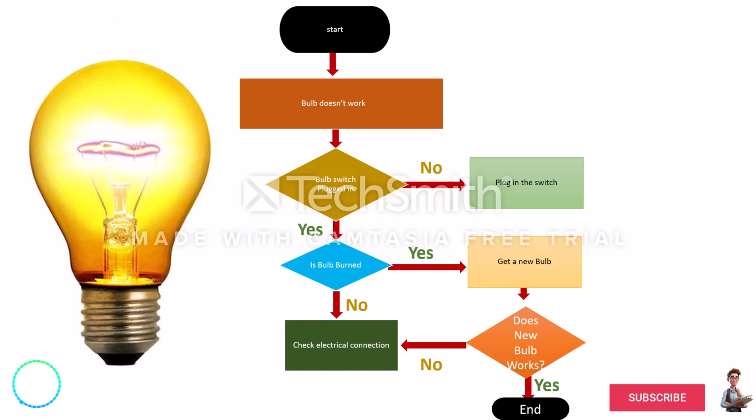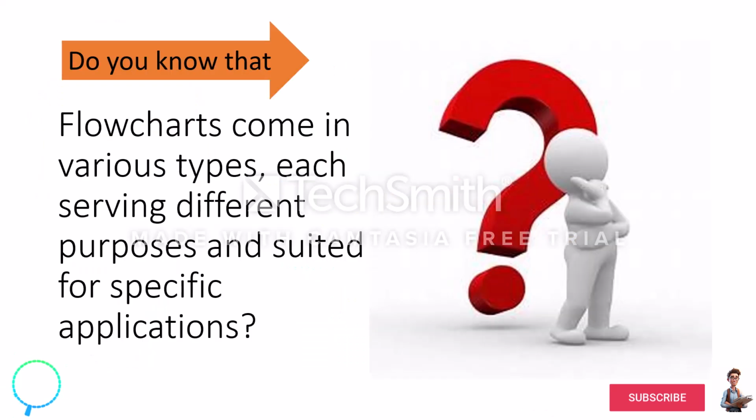If yes, is the bulb burnt? If yes, get a new bulb. If no, check the electrical connection. Does the new bulb work? If no, check the electrical connection. If yes, we end.